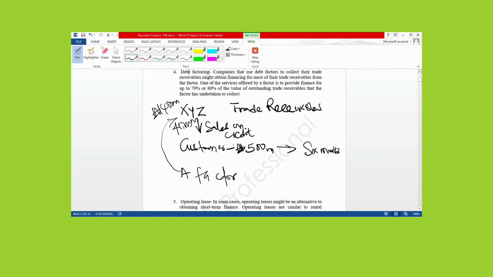Now, when you get to working capital management, you are still going to take a topic, working capital management. Your working capital includes stock, trade receivables, trade payables.